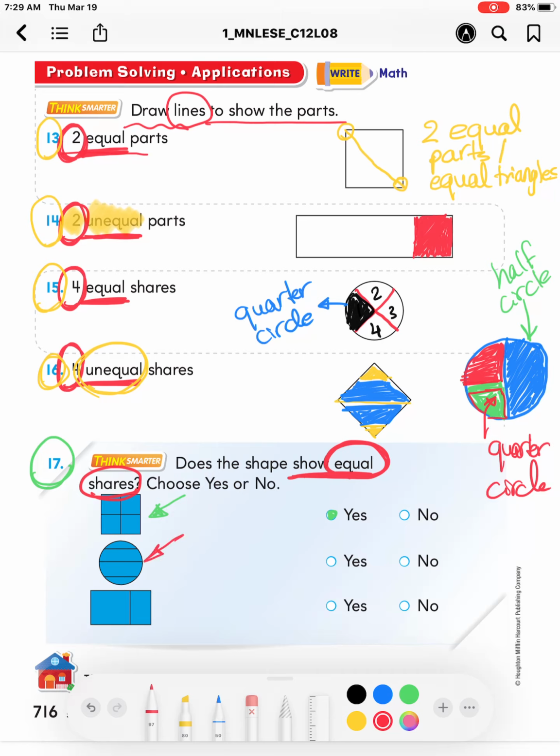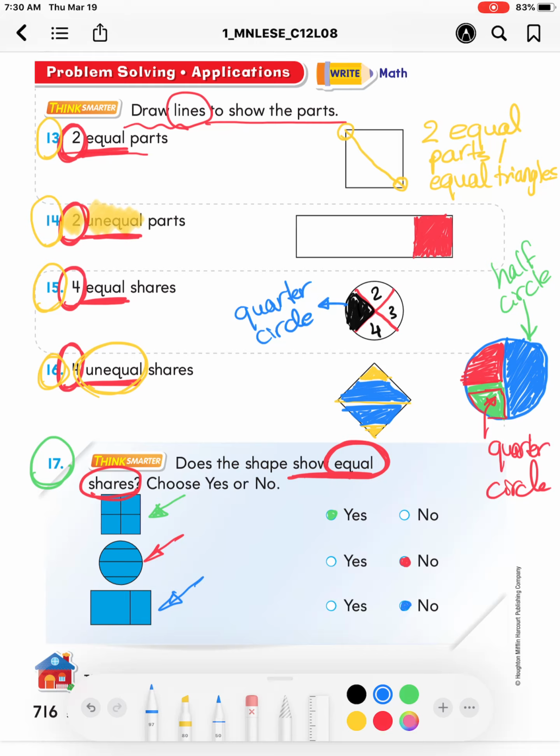So what about the following one? This one, the circle. Is it of equal shapes? No. Excellent. Good, boys and girls. So what about the last shape? Amazing. Smart, boys and girls.